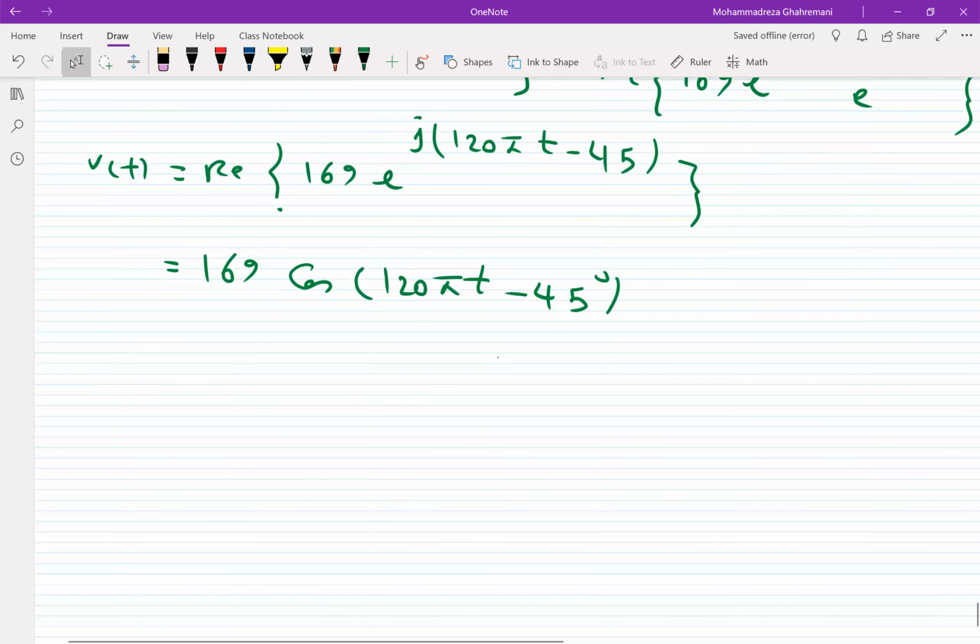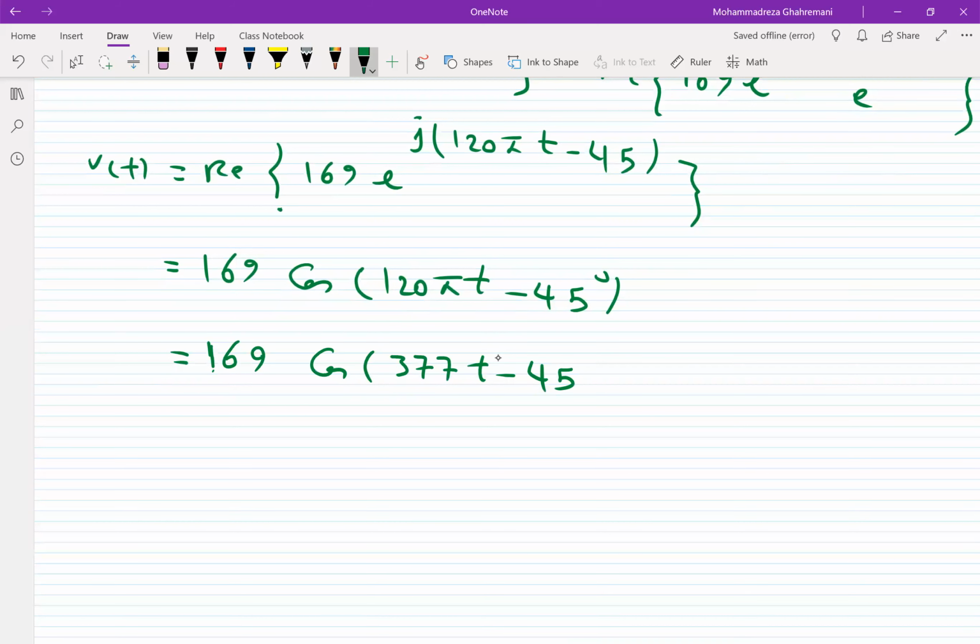Or if you replace pi with 3.14, we will have the signal is equal to 169 cosine of 377 t minus 45 degrees. Okay, so I believe that we did an extra step here to make it clear. But for the upcoming examples, we don't need to repeat that extra step.